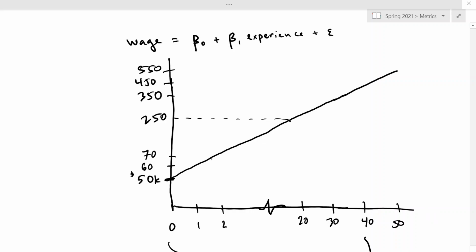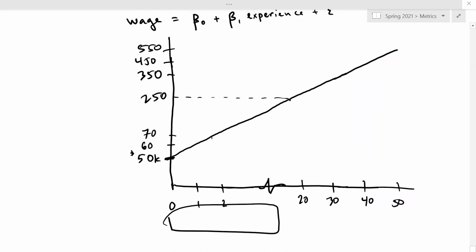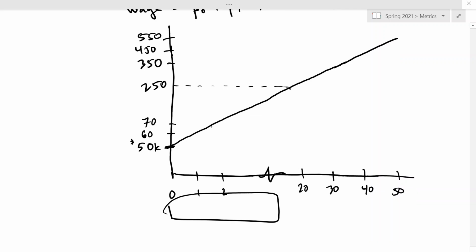And essentially, the problem with modeling experience like this is that, in general, these first, say, 5 to 10 years of work are typically the time period in a career where you see the largest wage increases. And as you start reaching the end of your career, it's going to start slowing down.